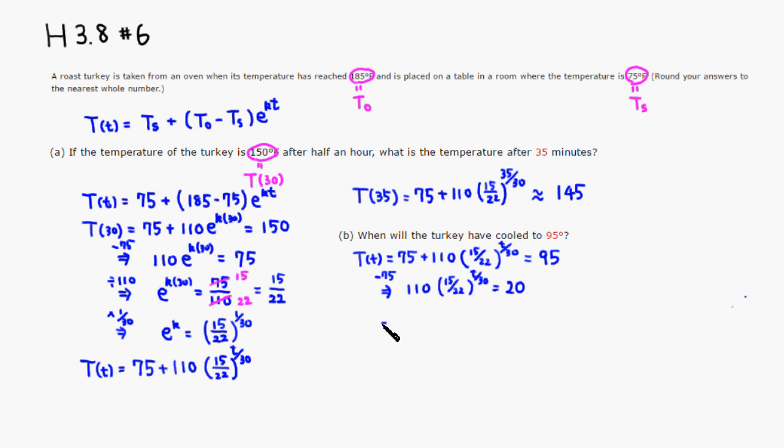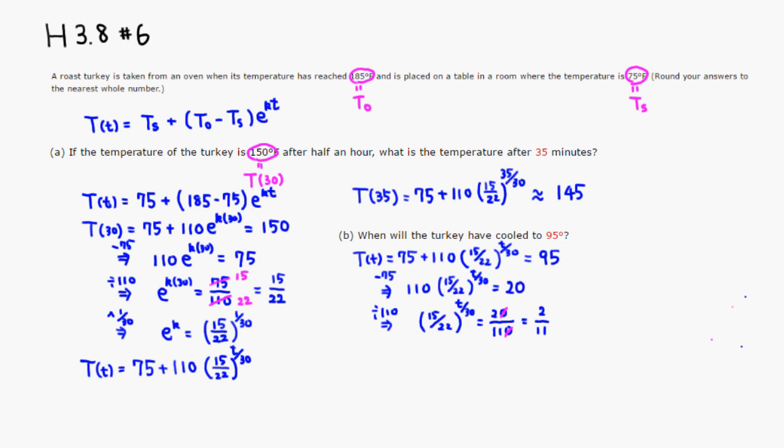Then we can divide through by 110, so that 15 over 22 raised to the t over 30 is equal to 20 over 110. We can divide top and bottom by 10, so this simplifies to 2 over 11.